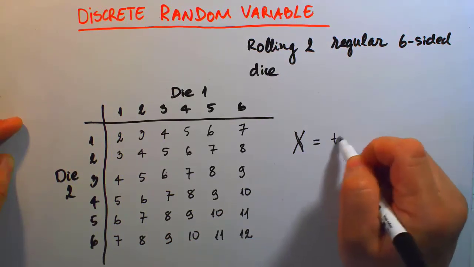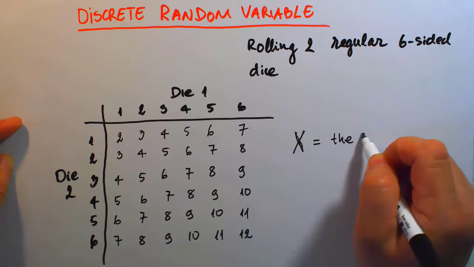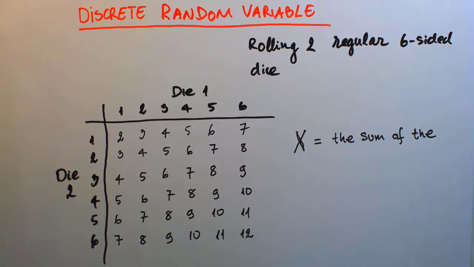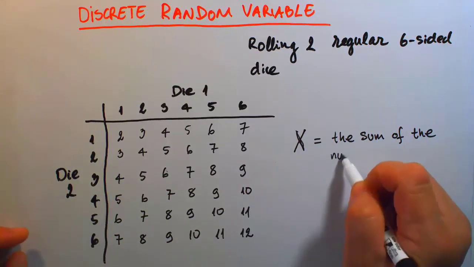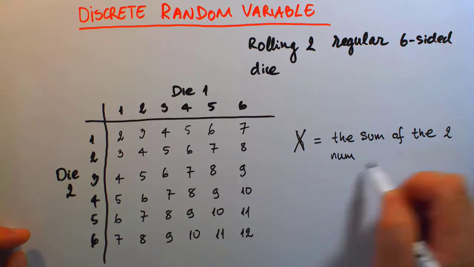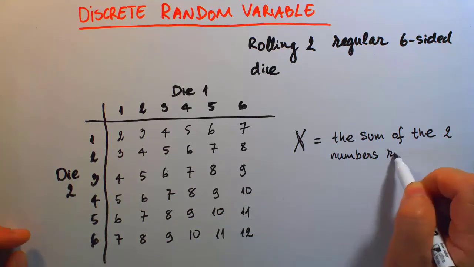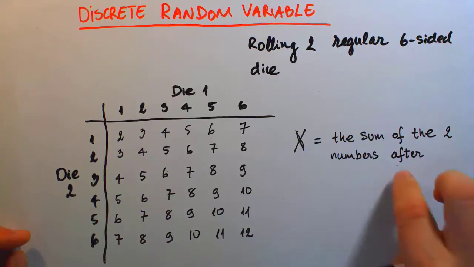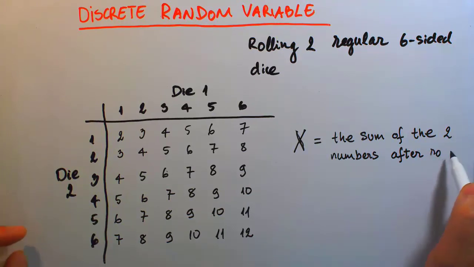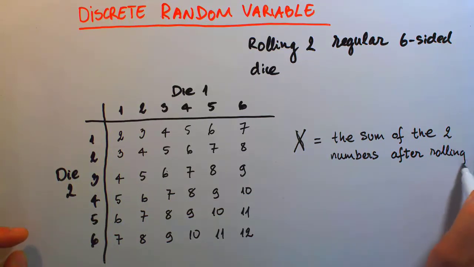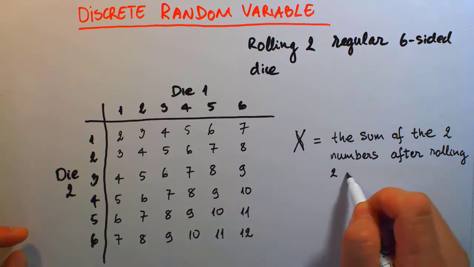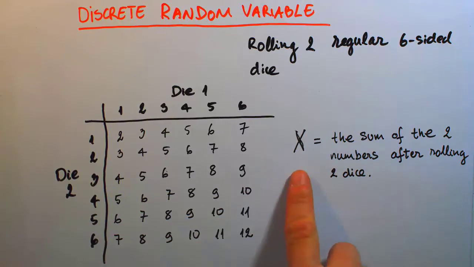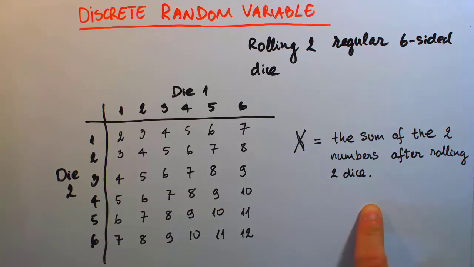I'm going to let X represent the sum of the two numbers after rolling two dice. Then, in the way how we define our variable, that way.